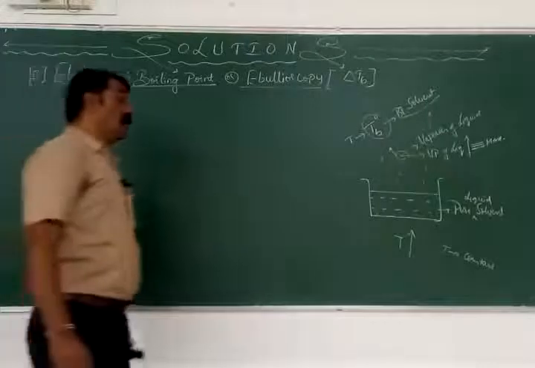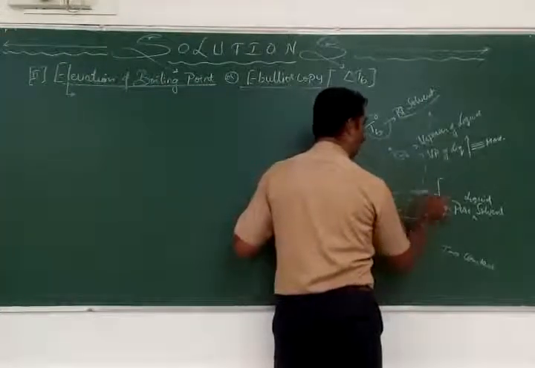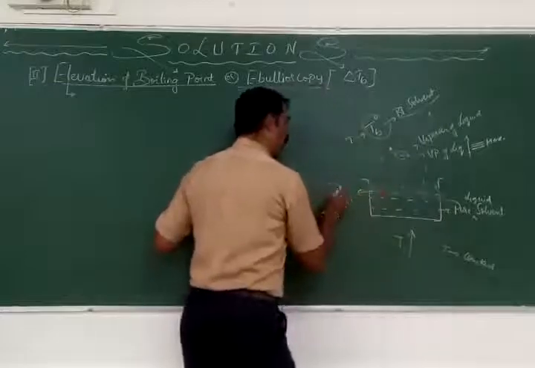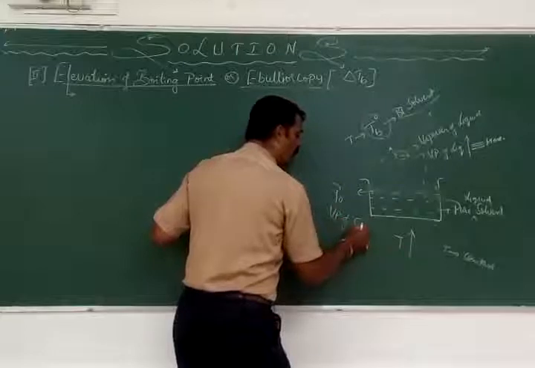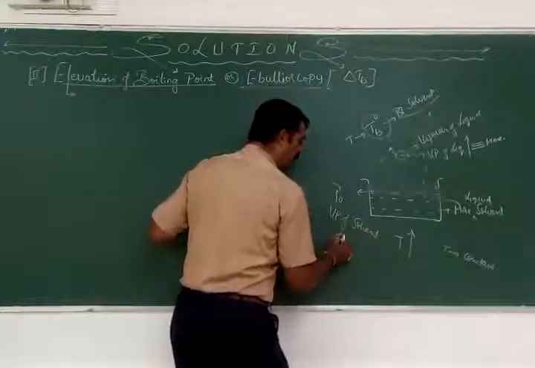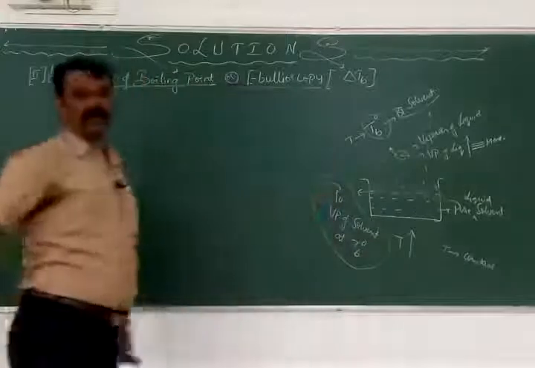Okay? So here at the junction we are expecting one vapor pressure, and that vapor pressure is called as P naught. What is P naught here? It is the vapor pressure of the pure solvent at its Tb naught, the boiling point.